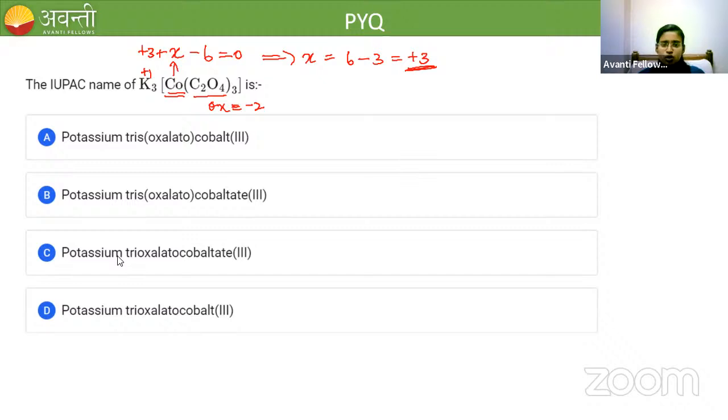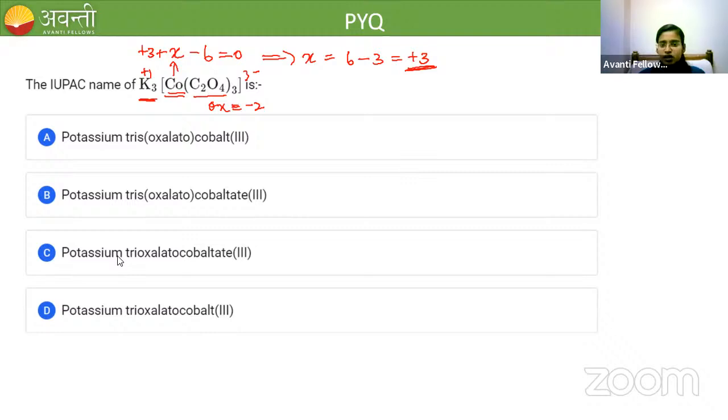Now you have to go for naming. Potassium is the cation, so write potassium, leave some space. We have 3 oxalate ligands, so it is trioxalato. Potassium is a cation and the complex is the anion. If the complex is an anion, then the metal name should end with -ate.